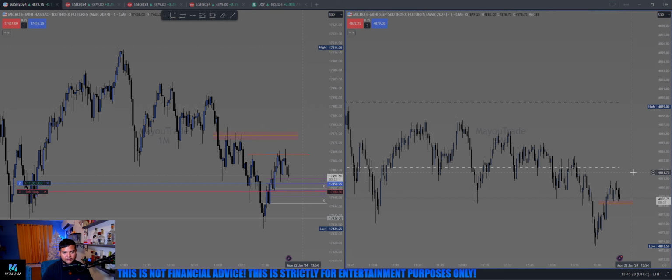It's nothing compared to the minis, but as an account size, one micro is really nice on Nasdaq. Yes, it's nice on ES, but you're not gonna get really big, nice R's, if that makes sense. Just the range for ES is just a lot smaller, you know.